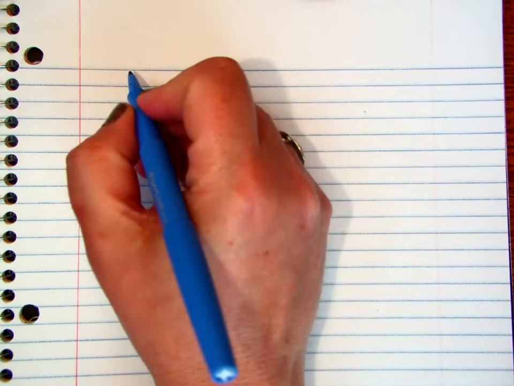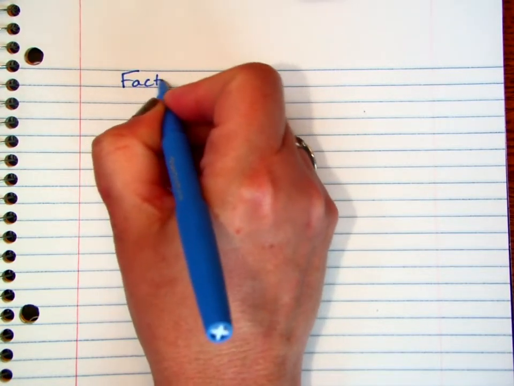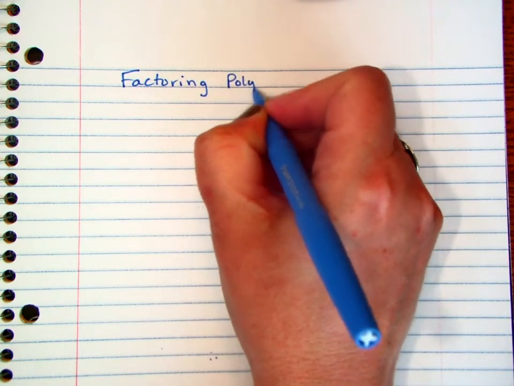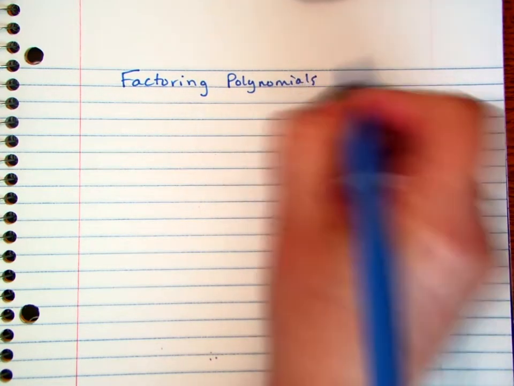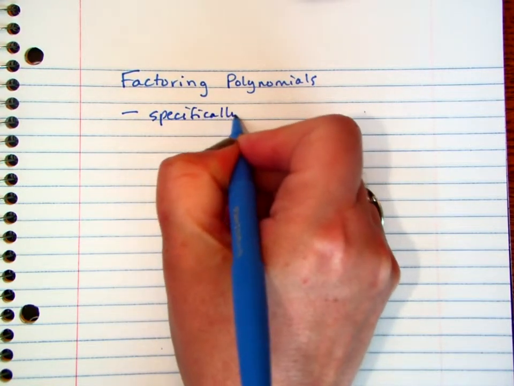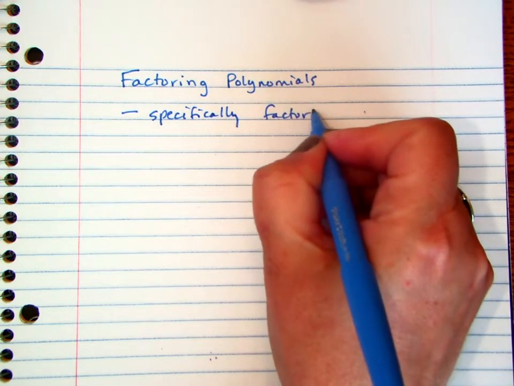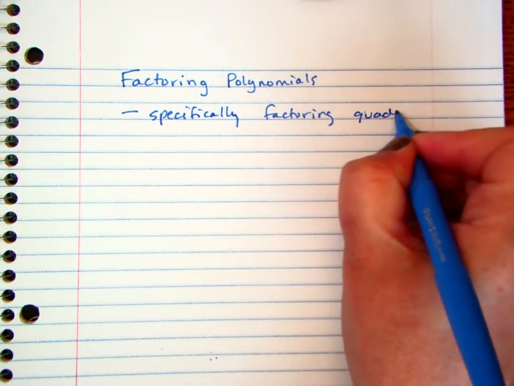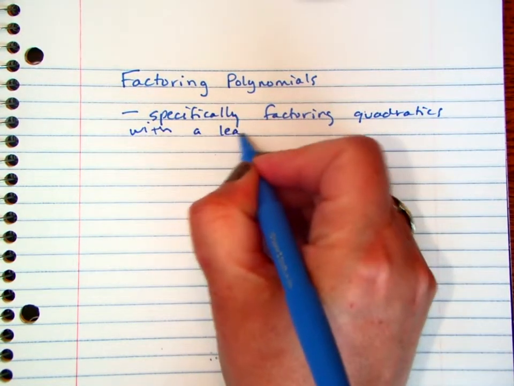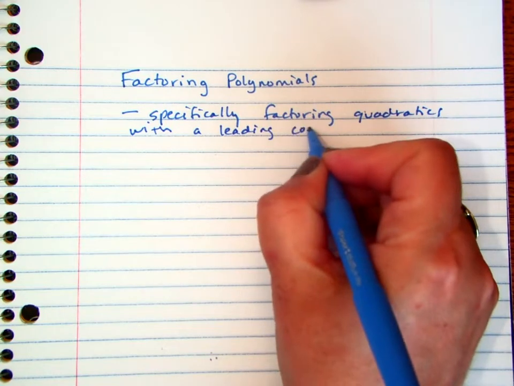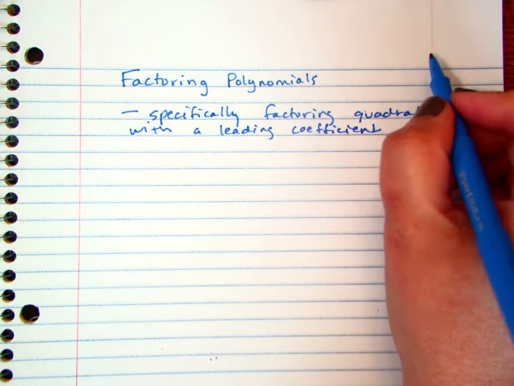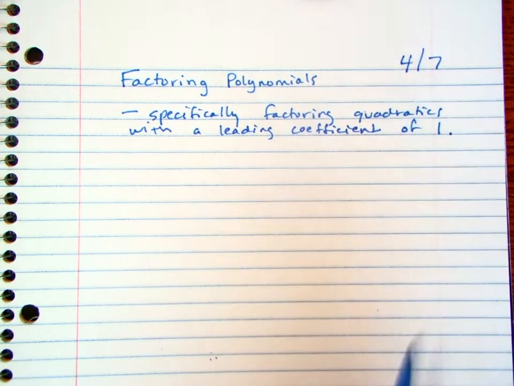So what we'll be doing is factoring polynomials, but specifically factoring quadratics with a leading coefficient of 1. And since we're doing this on the 7th, I will mark it as the 7th.